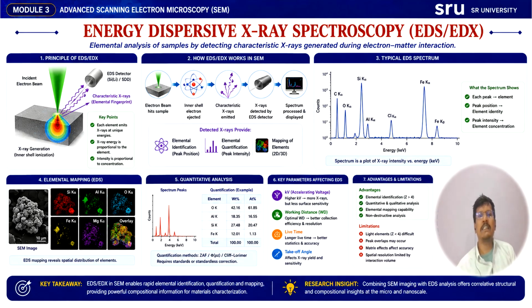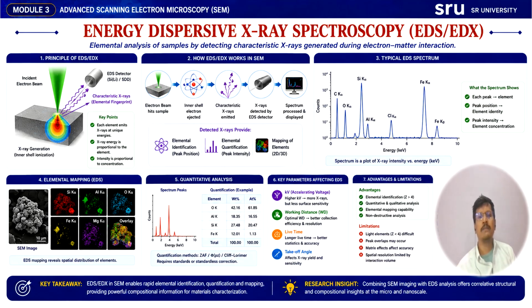The EDS detector measures the energy of these X-rays and generates an energy spectrum. The spectrum consists of peaks corresponding to different elements present in the sample.